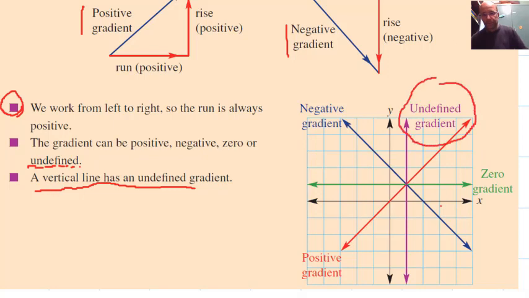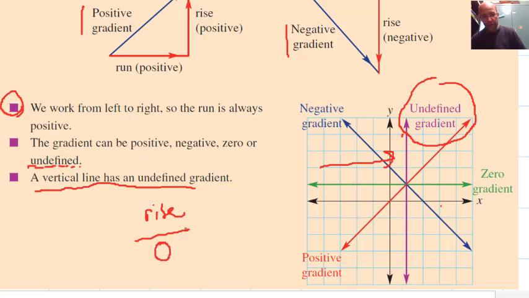The undefined gradient is from vertical lines. We can see one in purple. What does that mean by undefined? Well, when you look at the rise over the run, it's got a rise, which is some value. It's got no run. It doesn't go across at all.